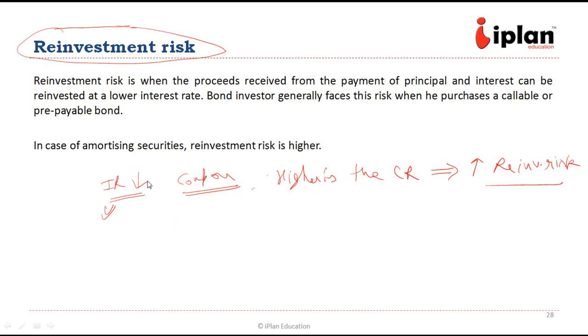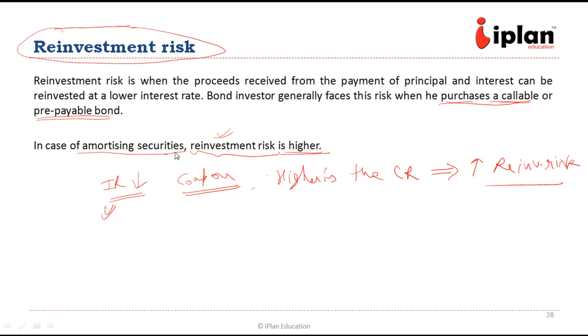So if there is a possibility of call, if it is a callable bond or prepayable bond or amortizing security, the principal may be paid before time. So that cash flow has to be reinvested by the investor. So reinvestment risk becomes higher.